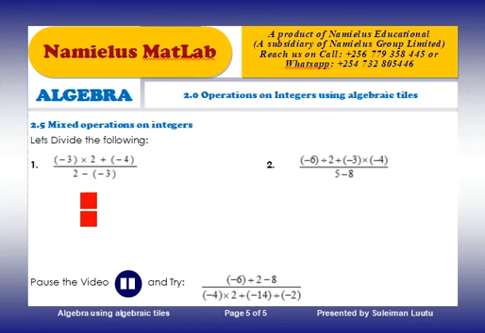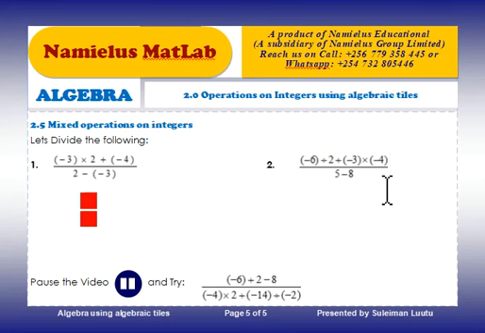For number 2, let's start with the numerator. So the numerator, we are starting with, we can work out -6 divided by 2. Then we can also work out separately, we can also work out -3 by -4. So let's take -3 by -4.